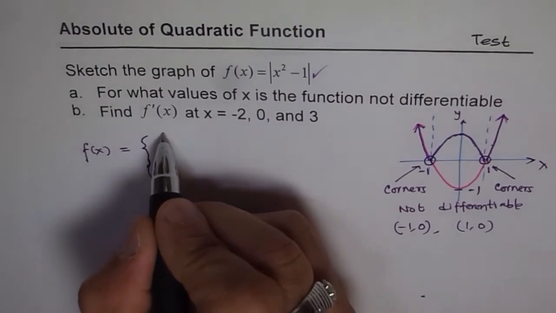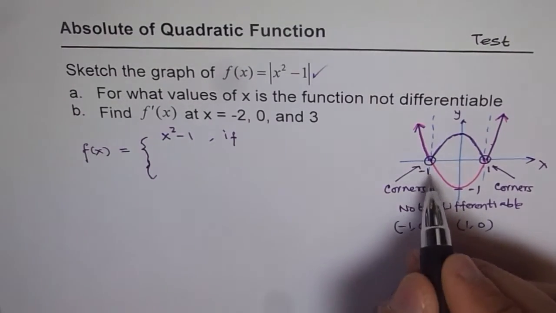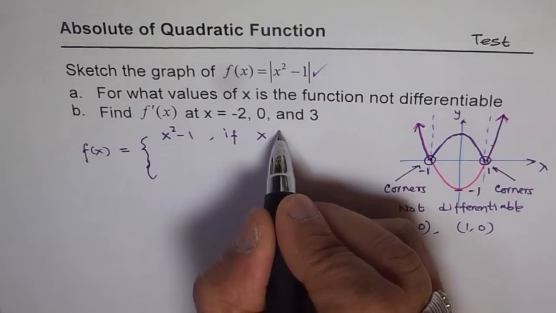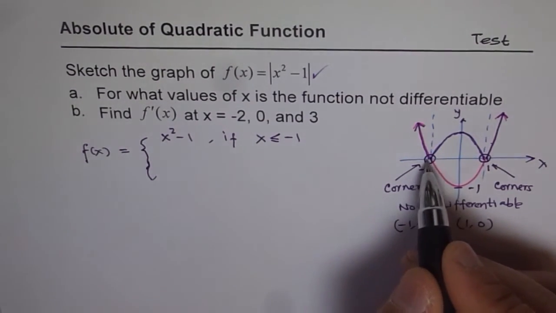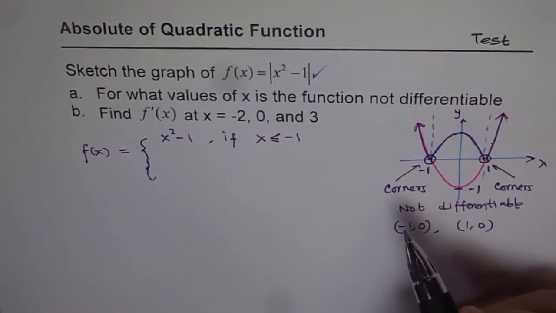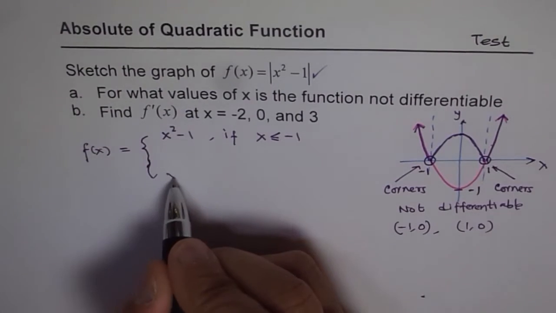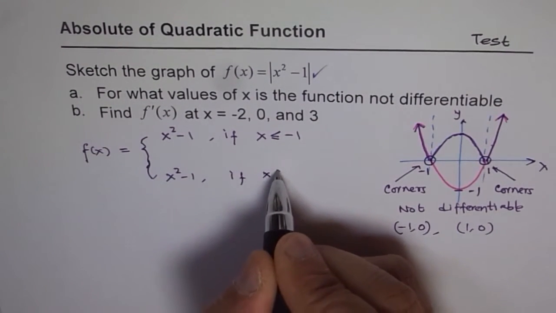So we can write this as x squared minus 1 if x is less than or equal to minus 1, right? Let's include the equal sign on this side. Similarly, we have something here which we'll also write as x squared minus 1 if x is greater than or equal to 1.